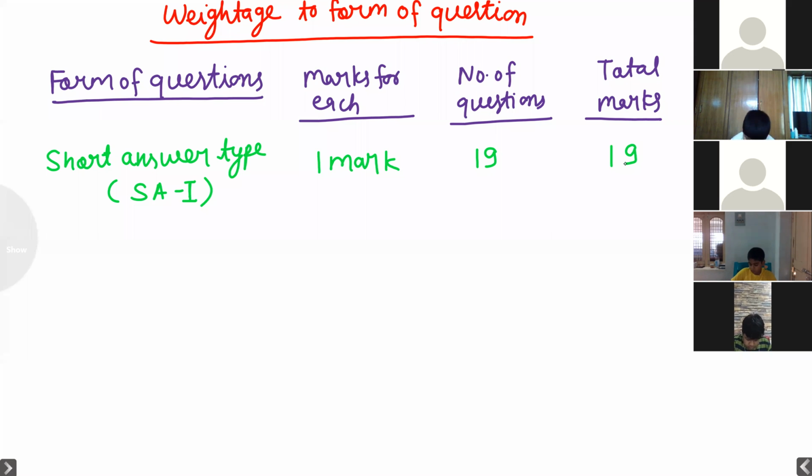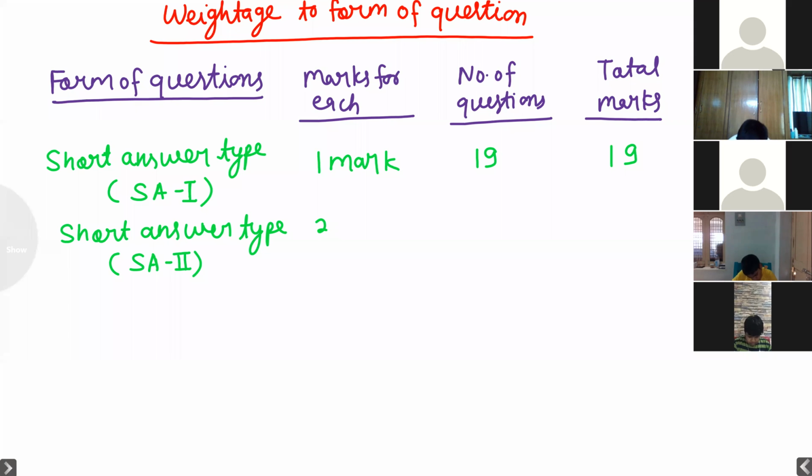Next, short answer type SA2, 2 marks. 12 questions. 12 twos are 24.